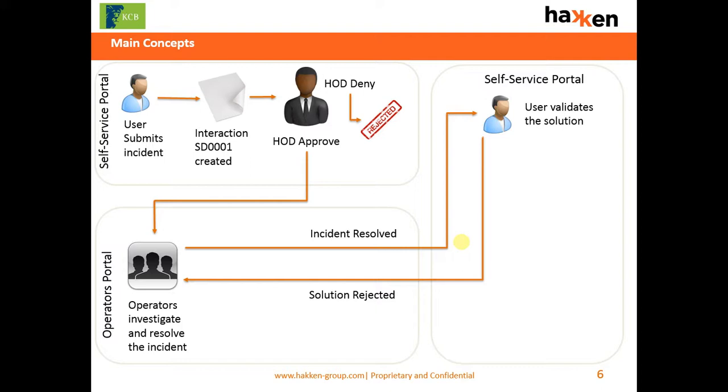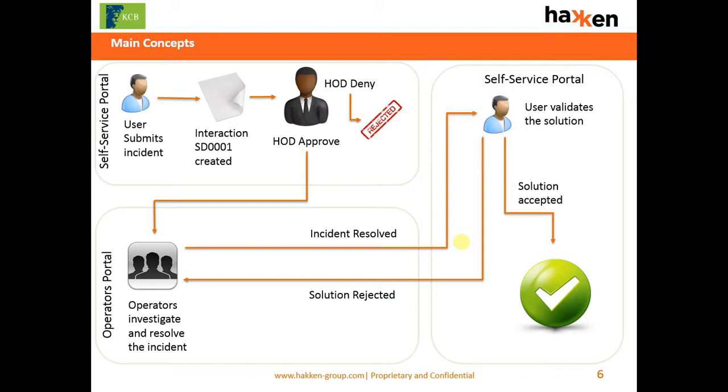He will insert some comments saying what is not working. The operator needs to investigate and resolve the incident again. Then the flow will move again to the self-service portal and to the user. The user will test the solution again, and if everything is okay, he will accept the solution and the record will be closed.